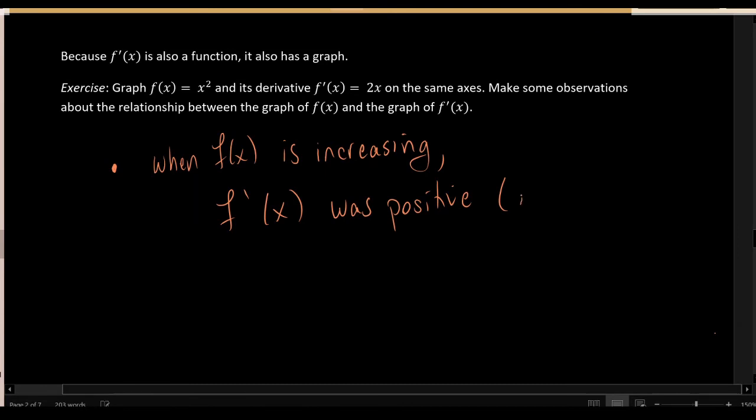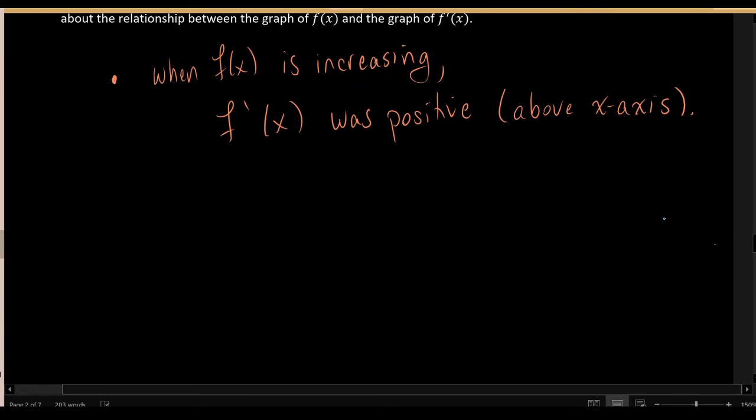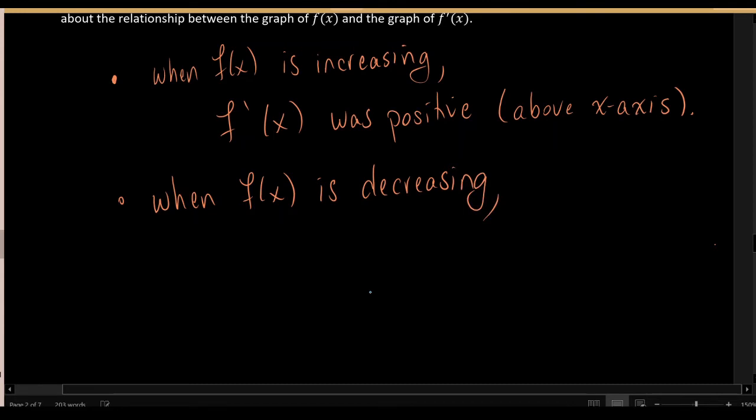The graph was above the x-axis. When we looked at the left side of the parabola, and the original function was decreasing, in all of those positions, the derivative was negative.